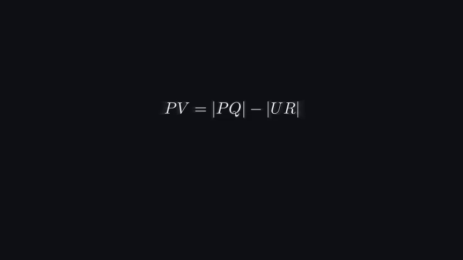PV equals length of PQ minus length of UR. PV equals 10 meters minus 4. PV equals 6 meters. TW equals length of TS minus length of UR.